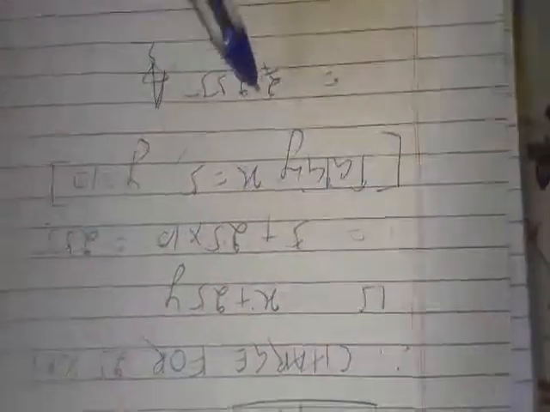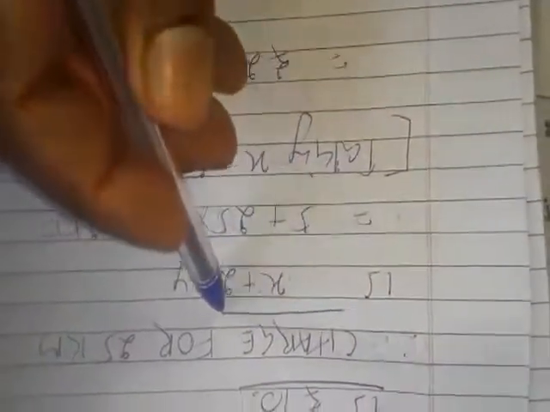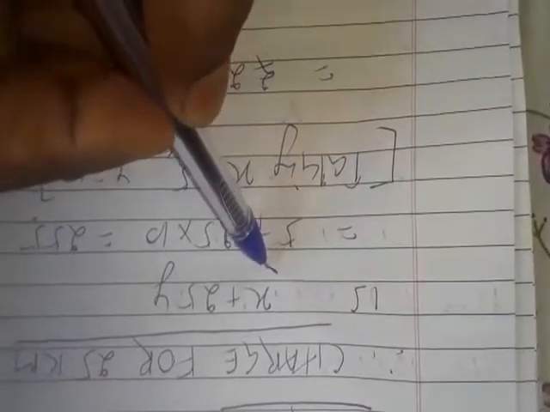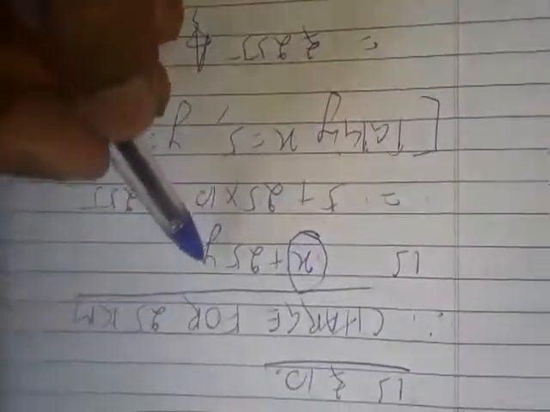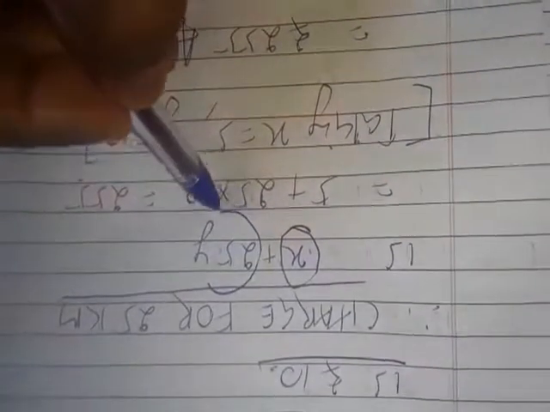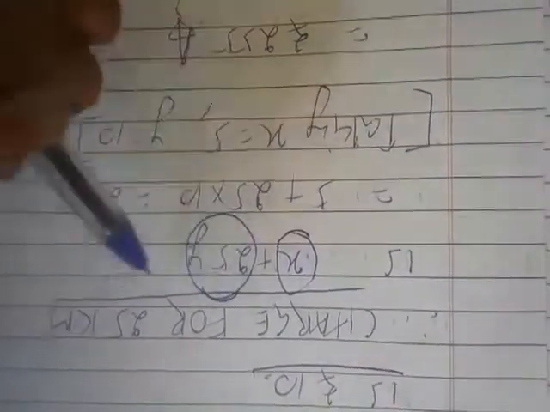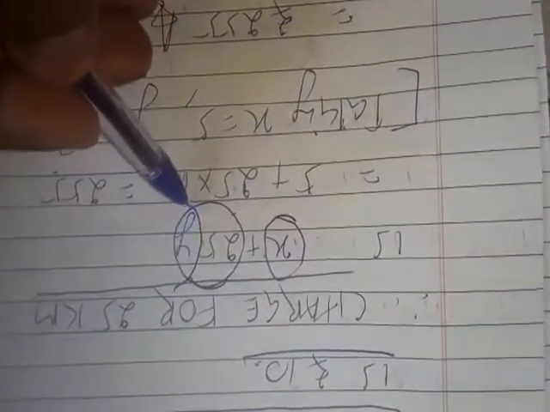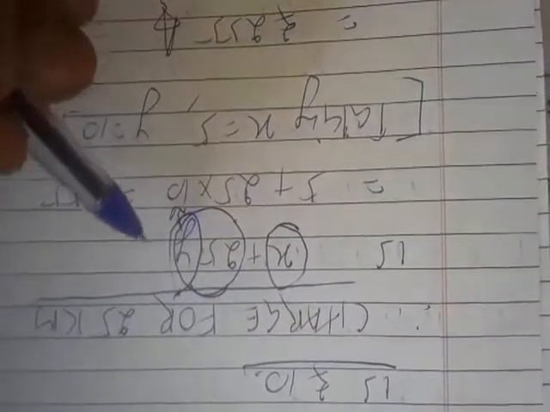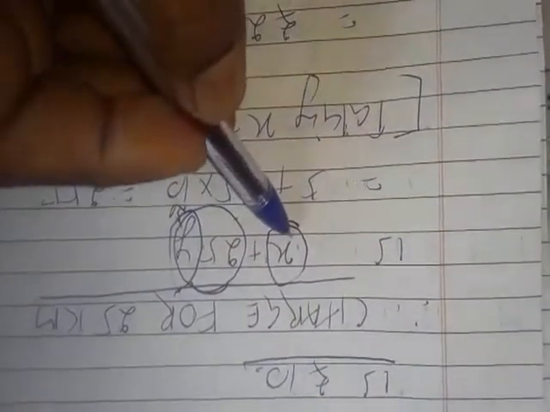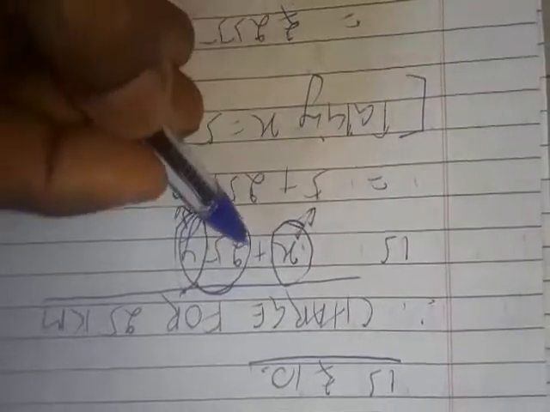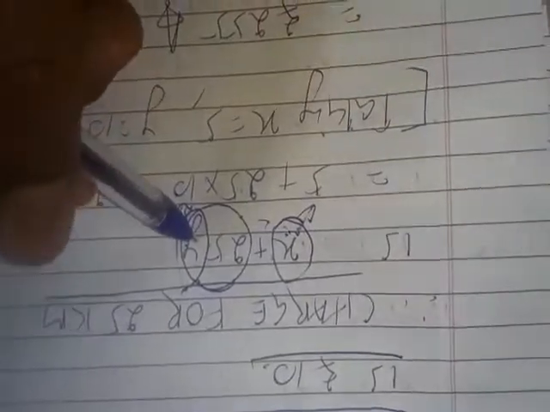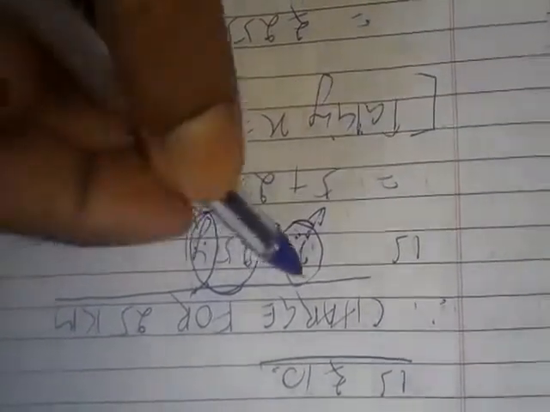So the charge for 25 kilometers will be calculated by the fixed charge plus the charge of 25 kilometers. Since the rate per kilometer is Y, which is rupees 10, and the fixed charge we have obtained is rupees X, we will substitute the values of X and Y over here to find the charge for 25 kilometer.